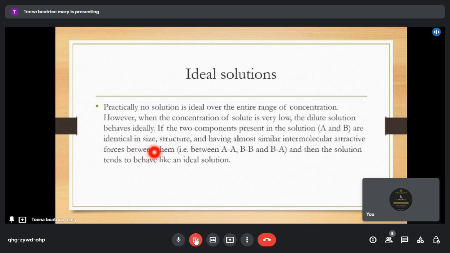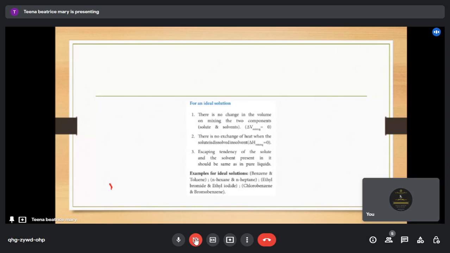However, when the concentration of solute is low, a dilute solution behaves ideally. In an ideal solution there should be no change in volume and no exchange of heat, and the escaping tendency should be the same as in the pure liquids. That is what we saw, along with some examples.